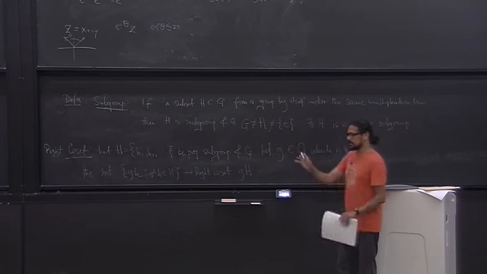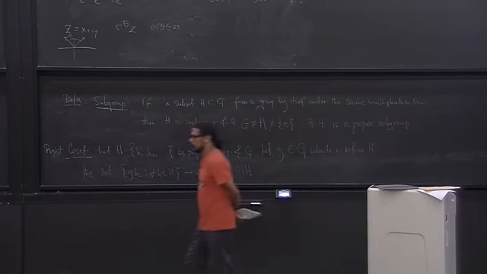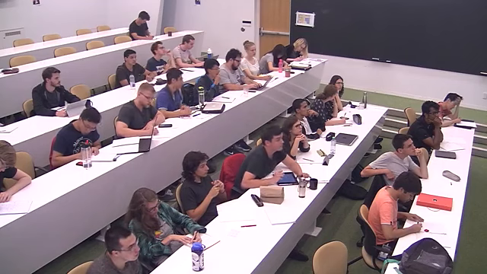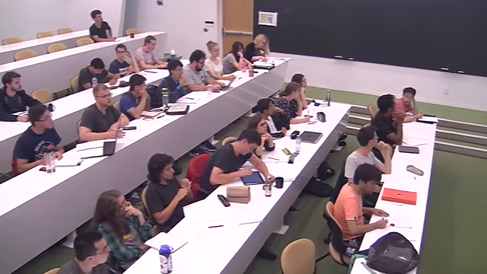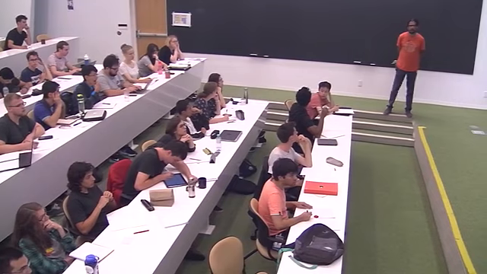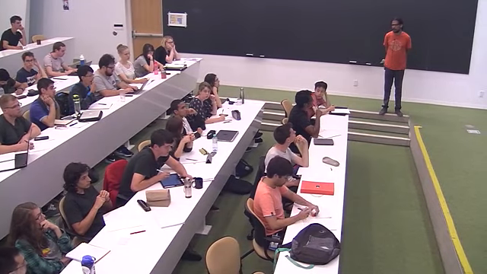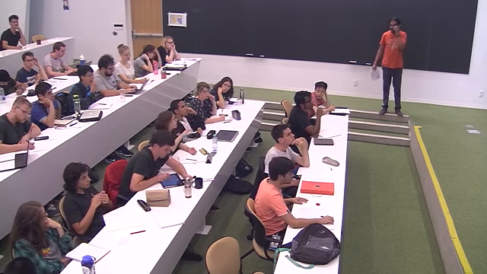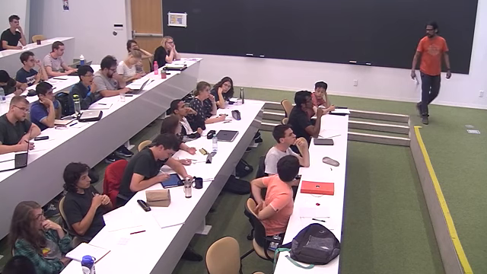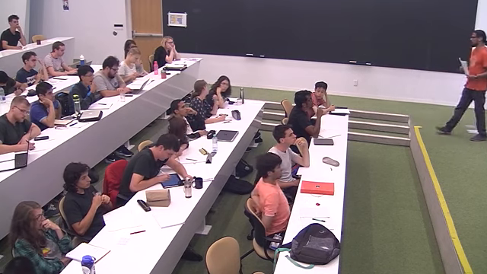I understand why you're asking for g not to be in H. Why am I writing that? Why that requirement? It lets us break G down into a sum of cosets.